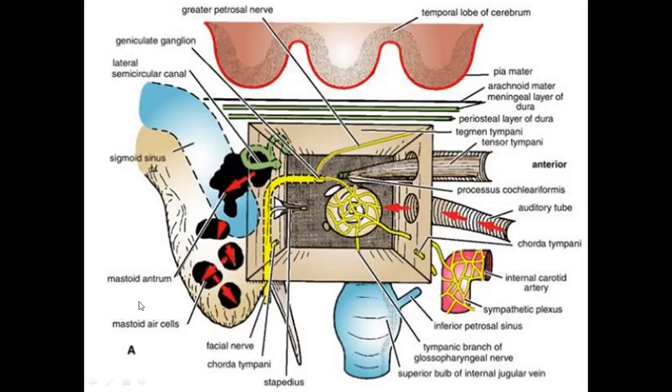So whenever the infection enters through the nasopharynx, through the pharyngotympanic tube, into the middle ear cavity, it is called acute infection of the middle ear cavity.